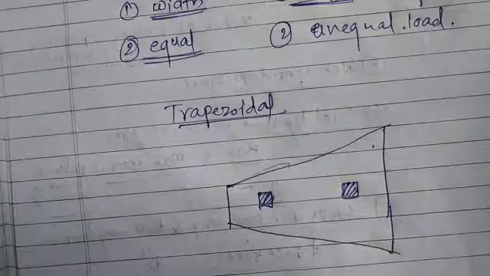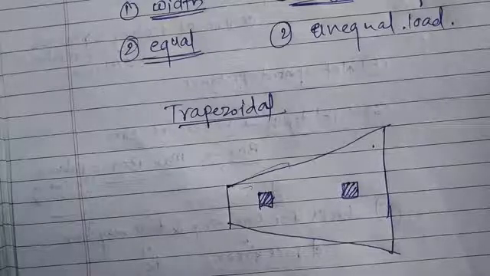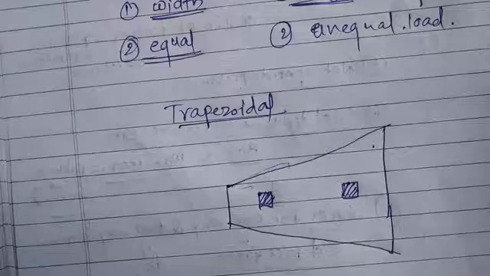That's why I have taken this revision on the steps of design of footing. So my aim behind this is you should revise all the steps which we are following in the design of combined footing. Okay, so it will be very easy to understand the changes which are there in the trapezoidal footing once you remember all the steps of design of rectangular combined footing.